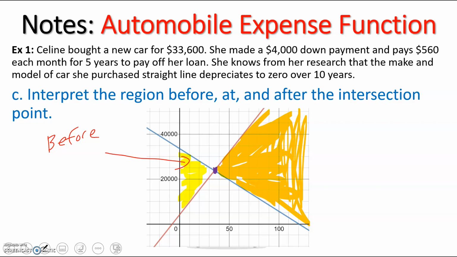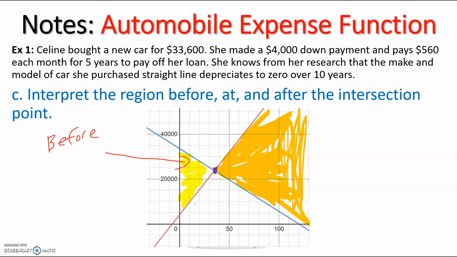So remember, our blue line is our depreciation, and it represents the value of the car. And the red line represents how much we spent on the car. Now, if you look here, you'll notice in the before section that the value of the car is higher on the graph than how much we've spent on the car.